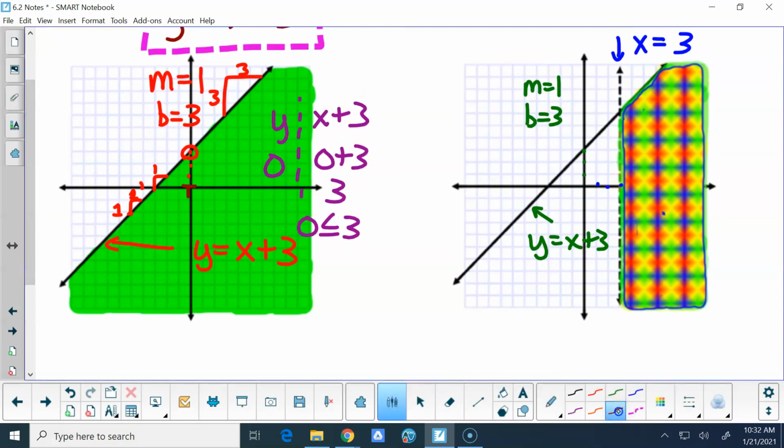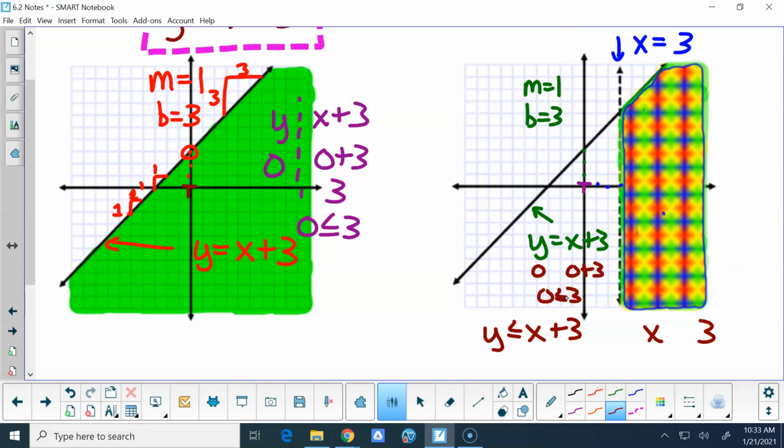So my system is going to be y something x plus 3 and x something 3. Neither one of them went through the origin. So if I plug in 0 into y equals x plus 3, I get the same thing that we had before. If I plug in 0 here, 0 plus 3, in order for it to be true, it's got to look like that.